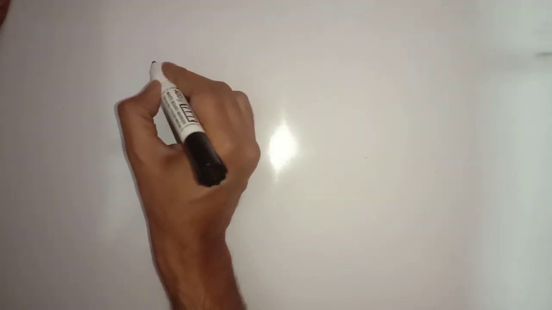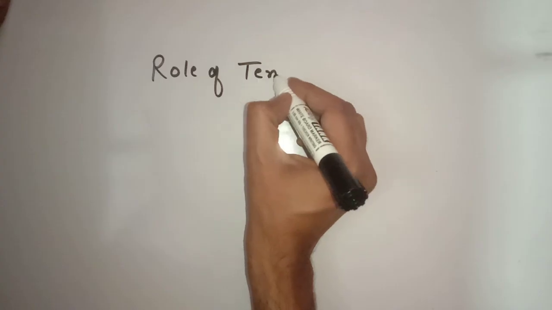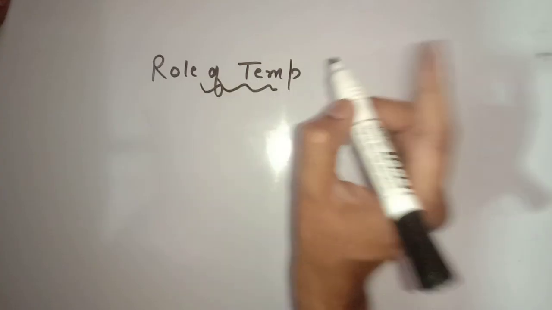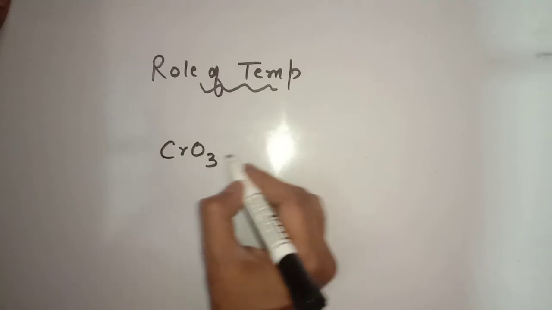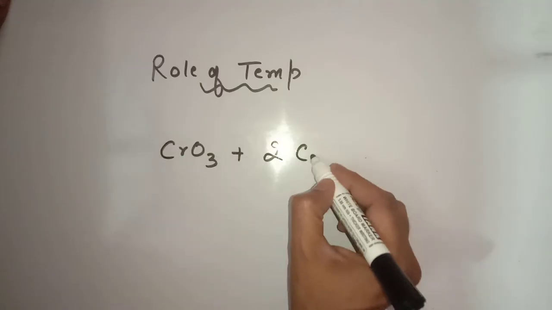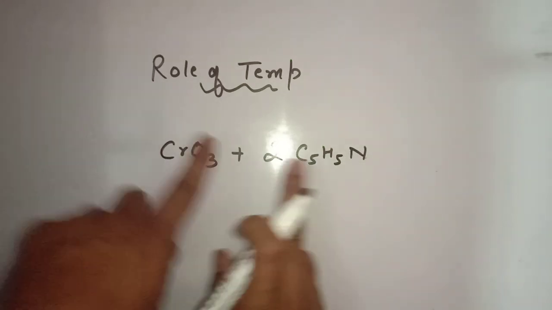To get the answer and the full explanation, firstly we need to understand the role of temperature while making Collin's reagent. As you know, Collin's reagent is prepared by adding chromium trioxide to pyridine.